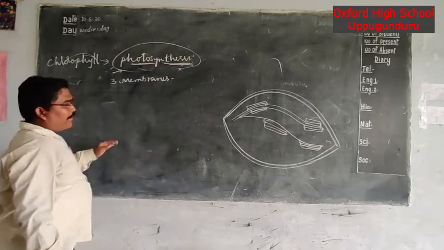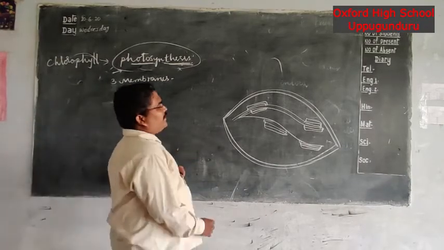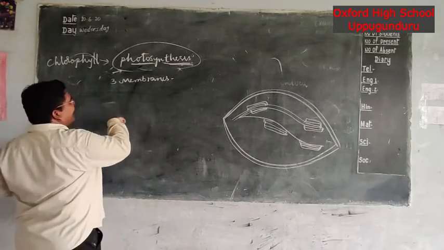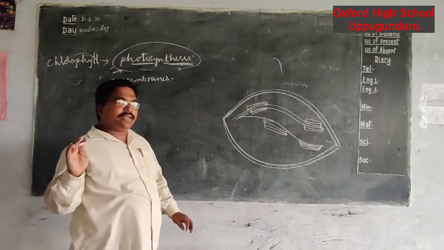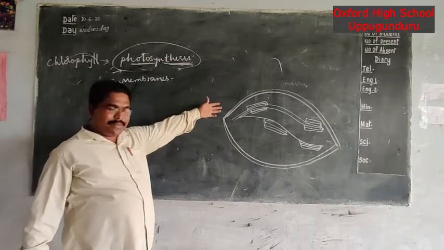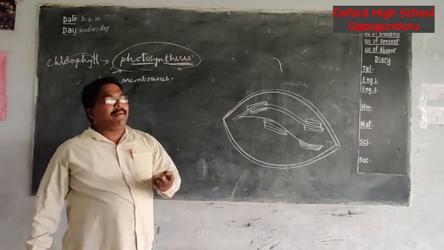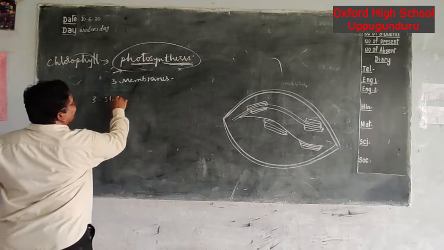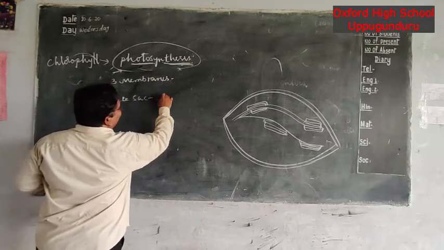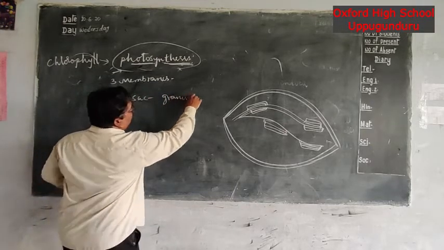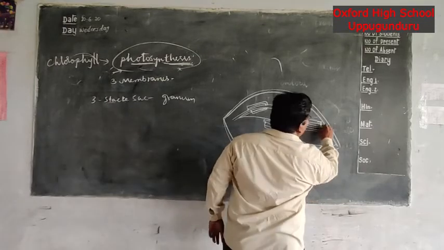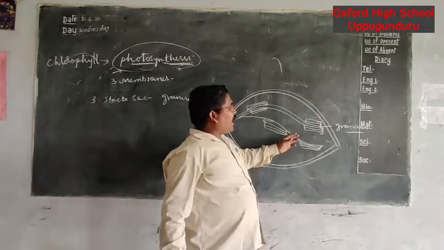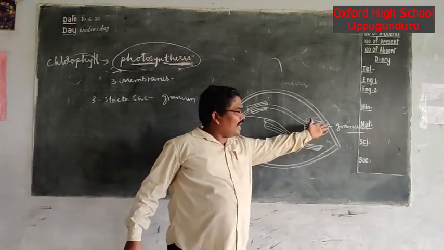The third layer forms stacked sac-like structures called granum.